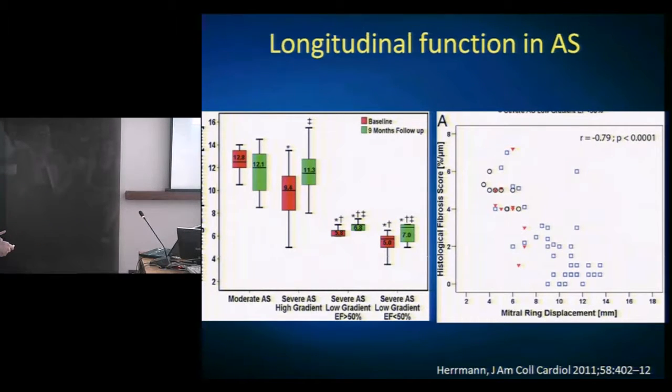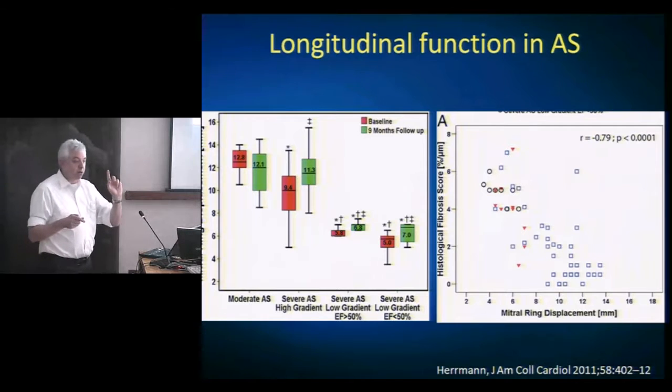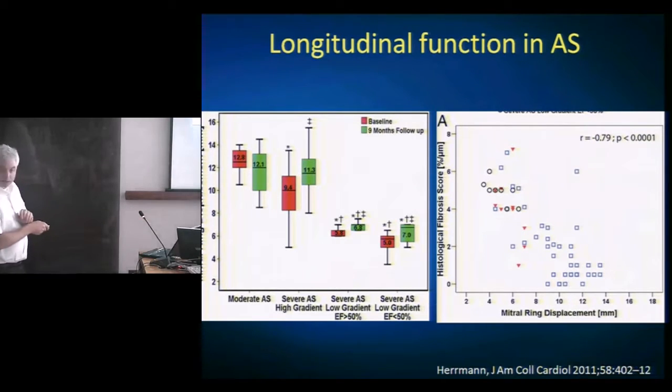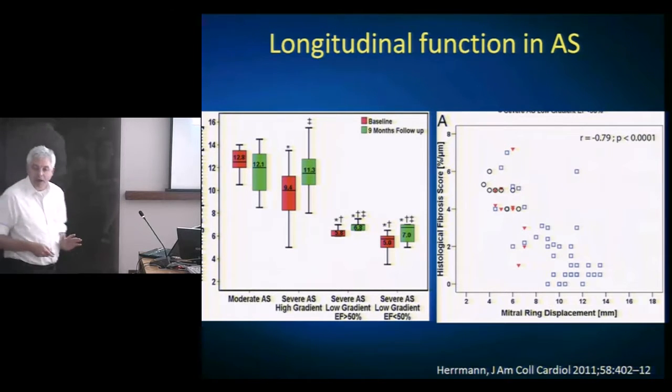If you look first of all at the histology score, the fibrosis score, and at the mitral ring displacement, you can see in general that when you have less fibrosis, your ring motion is higher than when you have more fibrosis. But the group that this may help most with are those patients who have a low gradient, as I showed you before, a relatively low gradient, and they have a preserved EF.